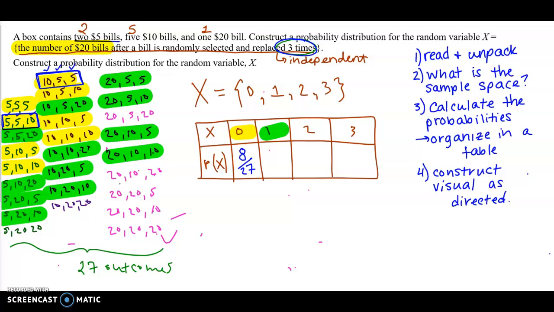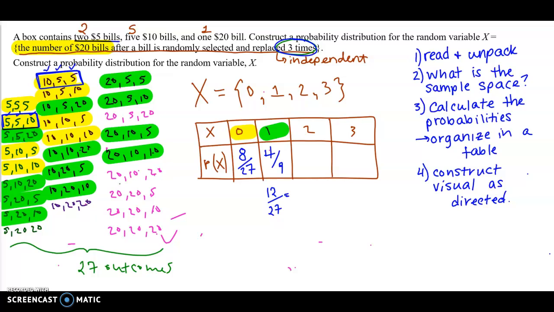Looks like 12. So 12 out of 27 can be reduced though, which is 4 out of 9. I'm just going to divide both by 3.